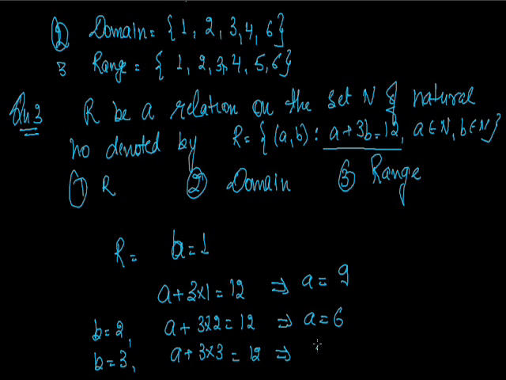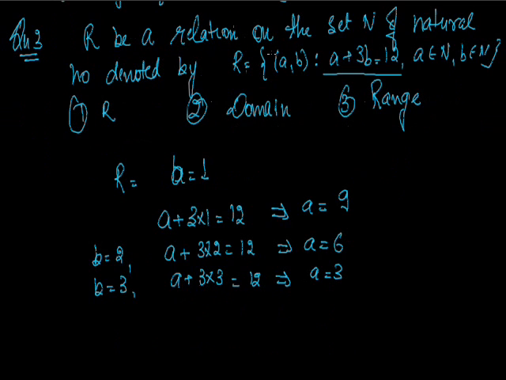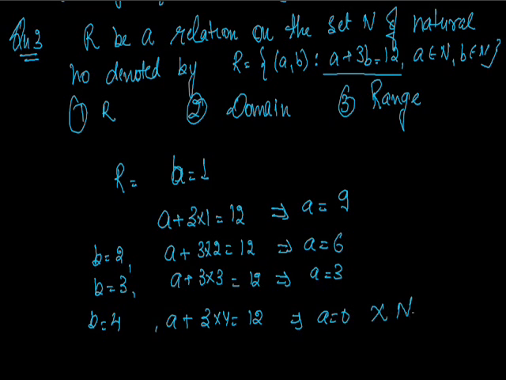This will give A is equal to 3. Now, if we put B equal to 4, then A plus 3 into 4 equal to 12, and A is equal to 0. But 0 is not a natural number, so we can't consider this. Now if we take 5, then also A will not come as a natural number. If we take 6, then also it's not a natural number, so we will leave it here only.